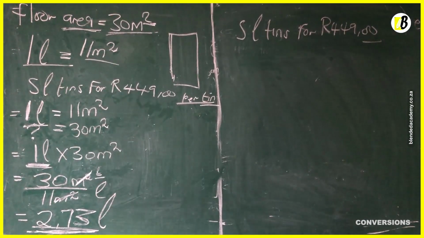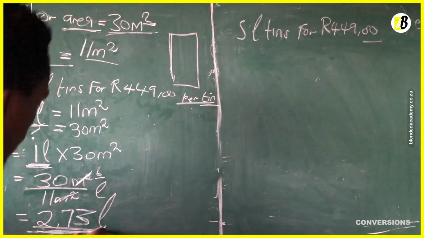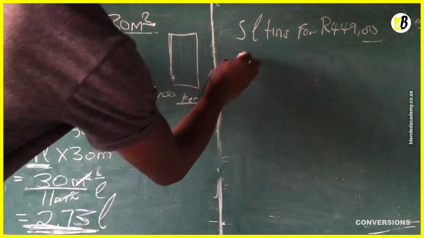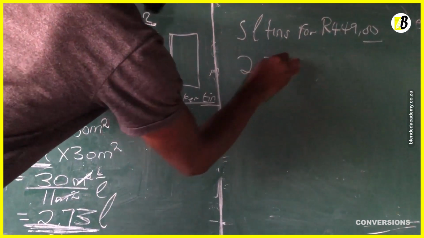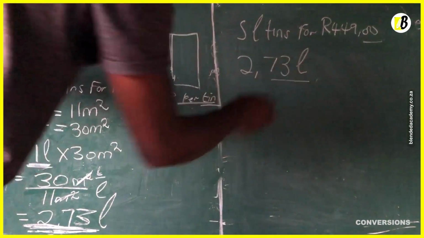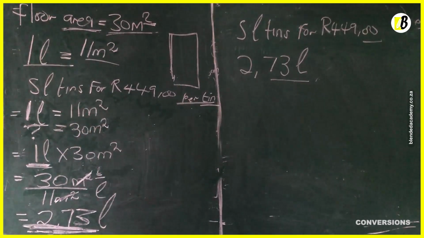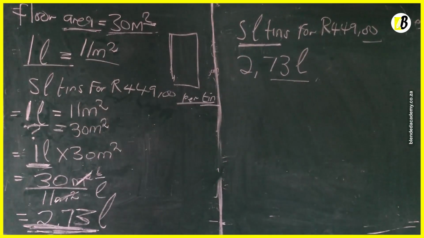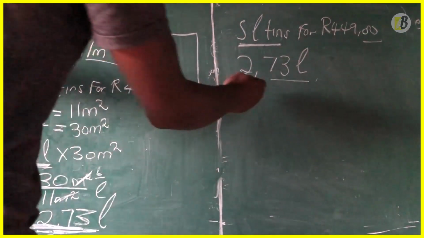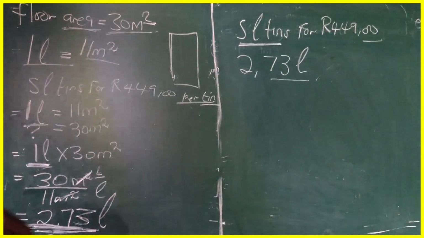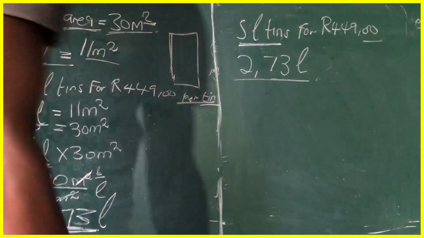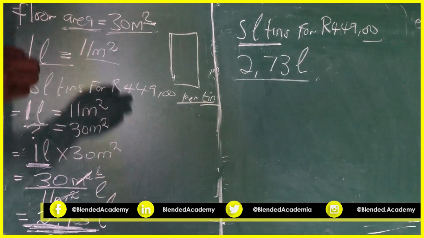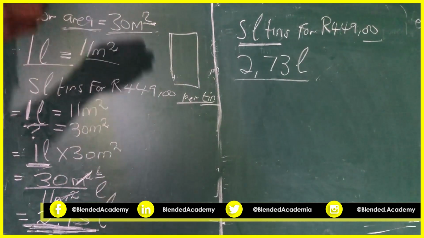So basically the paint that we need is 2,73 liters, which is less than the capacity of what's inside the tin. Yes, so you can see that this is less than the capacity of the tin, of which they only sell in a tin of 5 liters for 449.